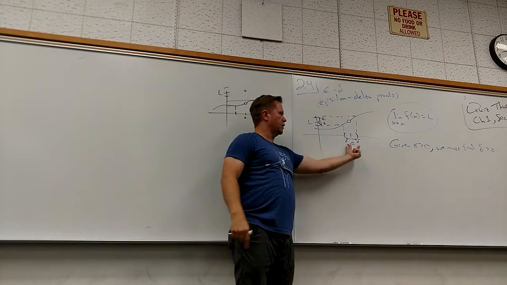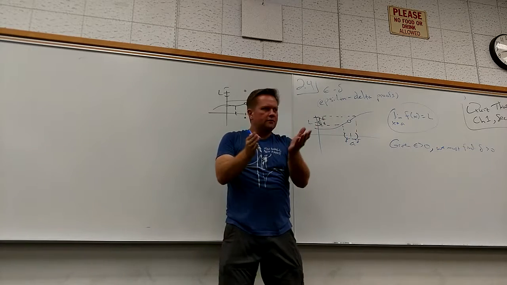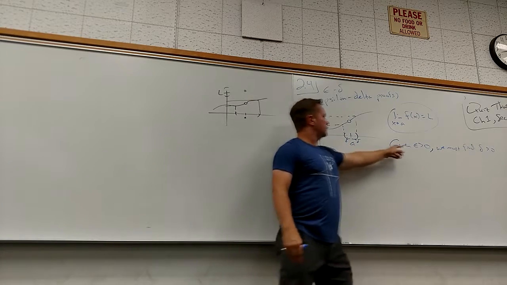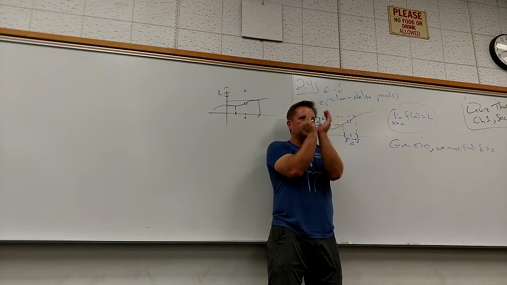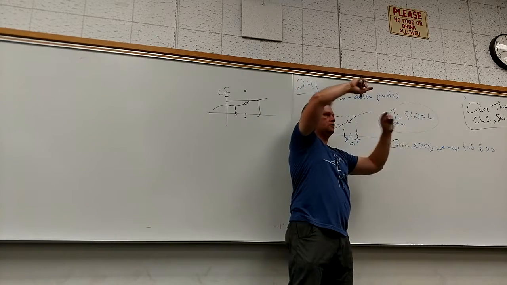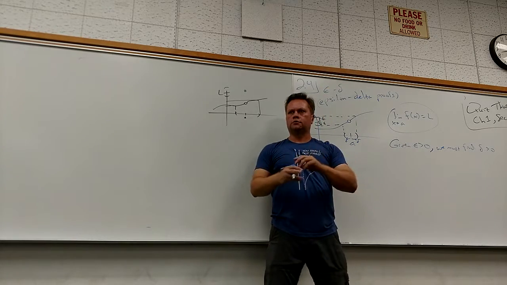It's the neighborhood around A. I always kind of enjoyed that. What a neighborhood. We must find delta greater than 0. So given some distance from the output, I always have to be able to find some distance from the input where all those inputs fit within that range around the output. If that really is the limit, that should be doable.